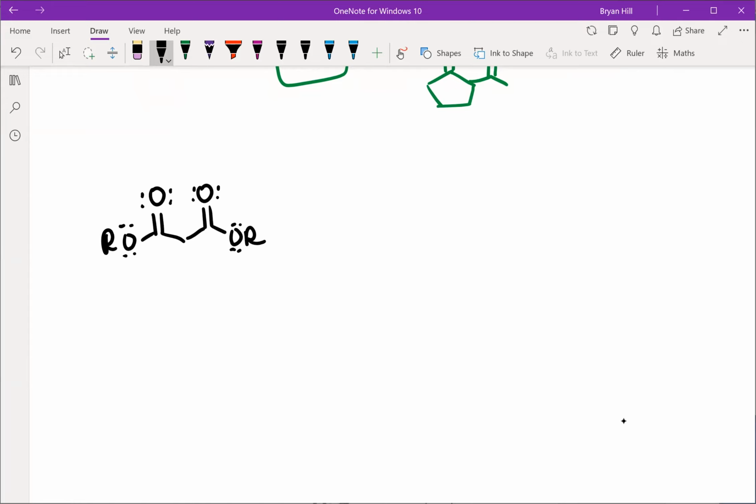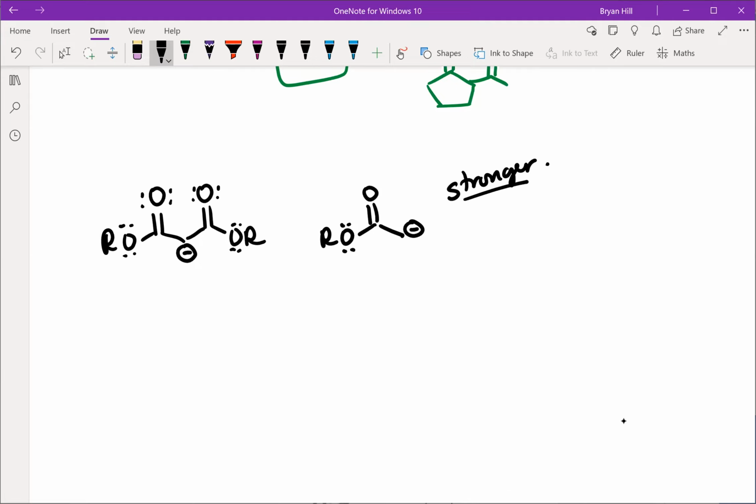So this is really useful. Essentially this negative charge, we're going to deprotonate that. This is essentially a really good equivalent to just an ester with a negative charge. The pKa's of esters are higher, so you need to use stronger bases to deprotonate them.